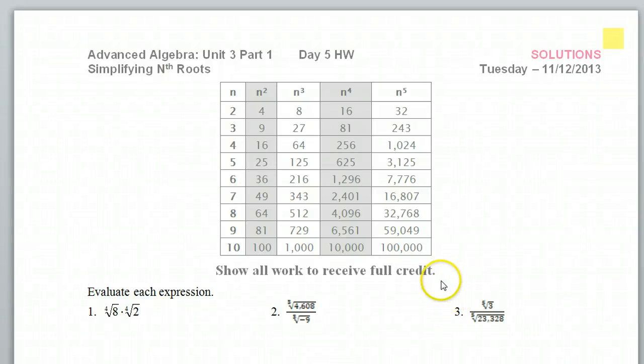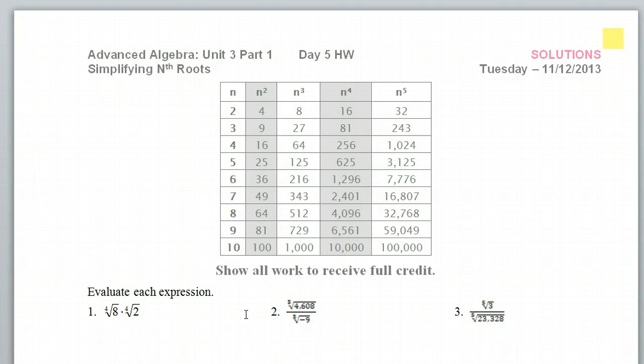Alright, in today's lesson we will explore how to simplify expressions involving different kinds of roots, called nth roots. That means instead of just the usual square root, we'll be dealing with fourth root, third root, fifth root, anything like that.